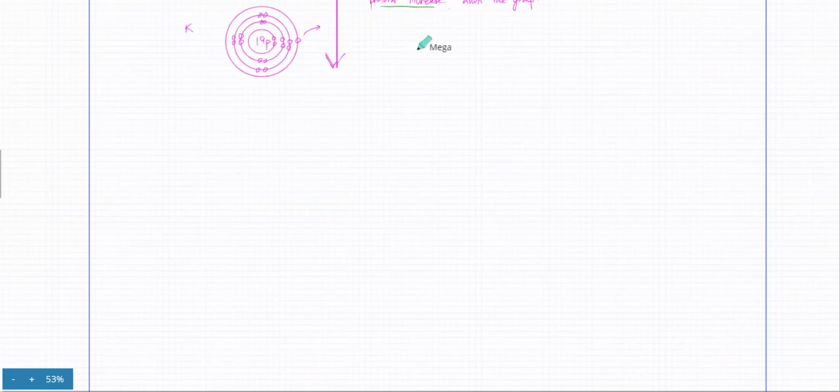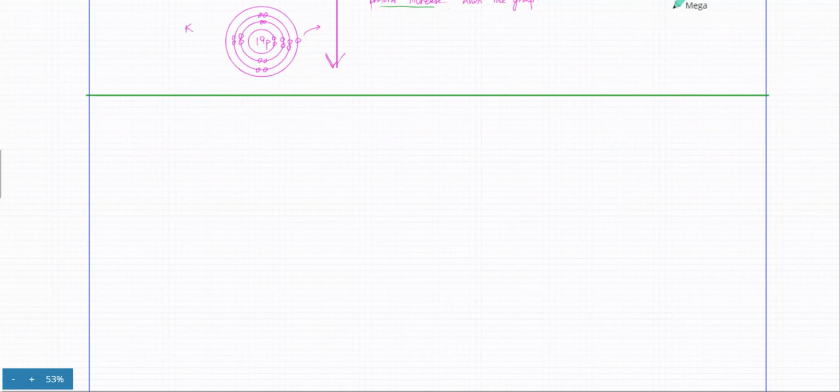What happens to the first ionization energy as you move across a period? So comparing this across a period, let's talk about period two first.